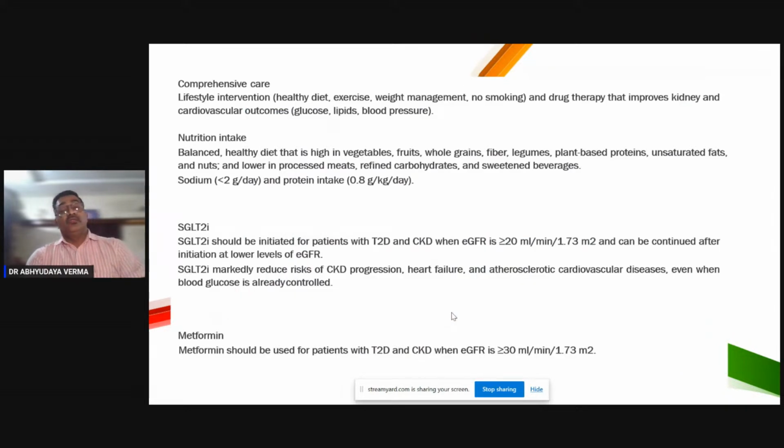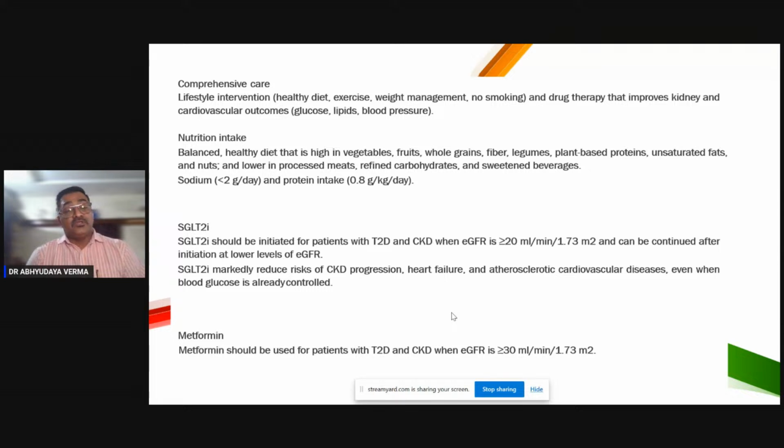So, what are the treatments here? Comprehensive care, as I said earlier, also good weight, regular exercise, no smoking, giving drugs to control the hyperglycemia, lipids, blood pressure, the proper nutrition, and now we have good SGLT2 inhibitors also, which are helpful in taking care of the EGFR and the increased proteinuria.